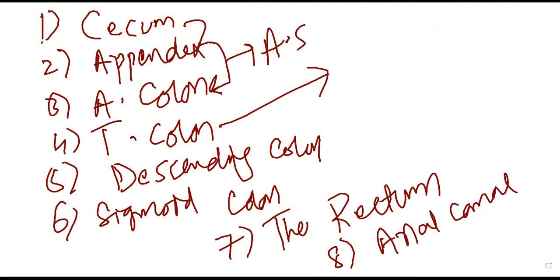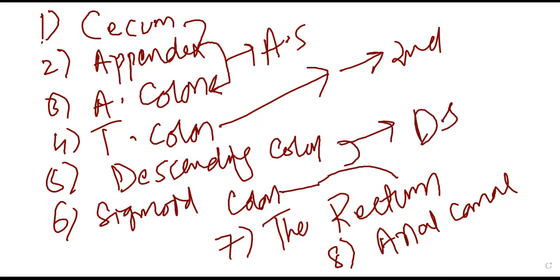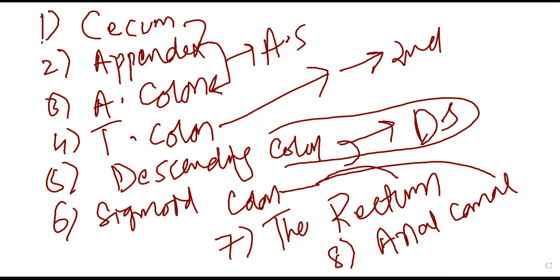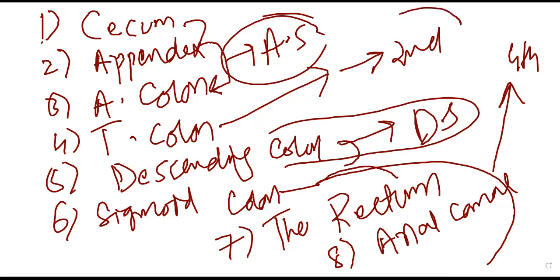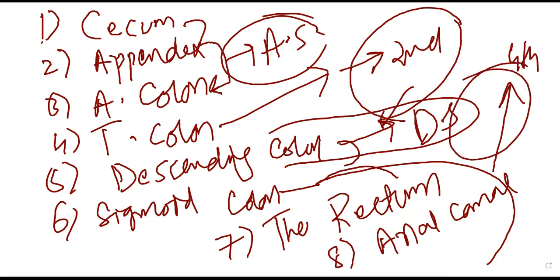The transverse colon is isolated as a second part, and the descending colon and the sigmoid colon, the rectum, and the anal canal as the 4th part. So broadly we divide the large intestine into 4 parts: the ascending colon, the transverse colon, the descending colon, and the sigmoid, rectum and anal canal.